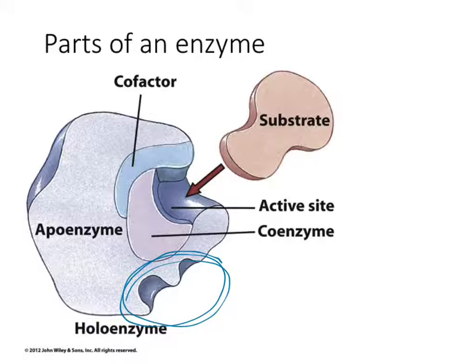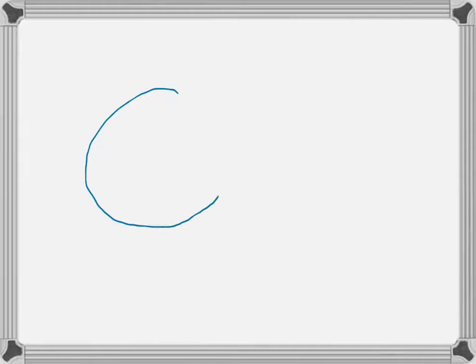And typically what they do is they change accessibility to the active site. So for example, let's say this is an enzyme here. And in this case, here is the active site, and a substrate can not only get in, but bind very well.